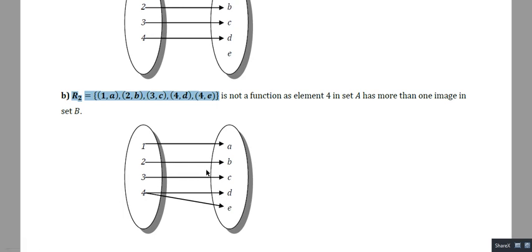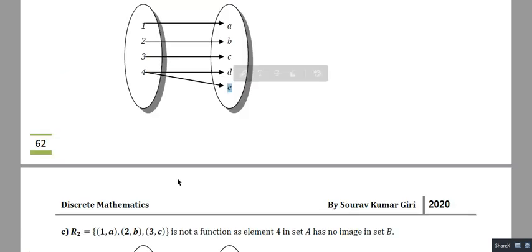No doubt all the elements of set A are related to some element in set B, or all the elements have some image in set B. But this element 4 has two images in set B, so it cannot be called a function, because as I told you in the definition, all the elements of set A must have some image in set B, and that image must be unique. But here the image is not unique because we have two images, one is d, another is e, right? So it is not a function.